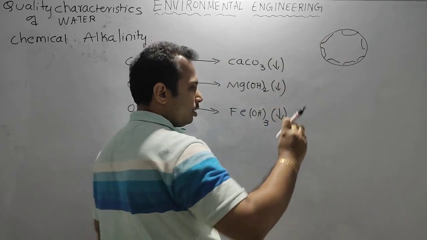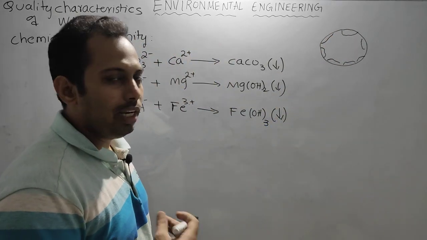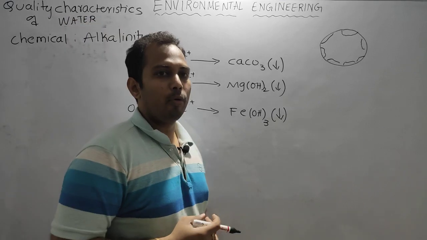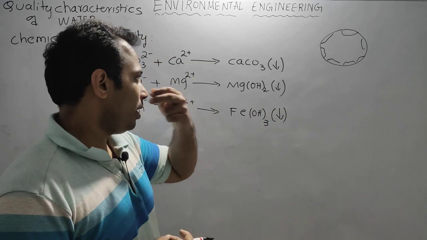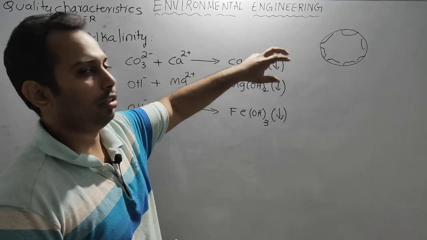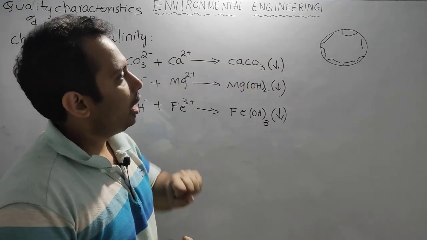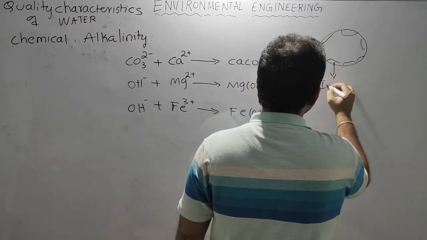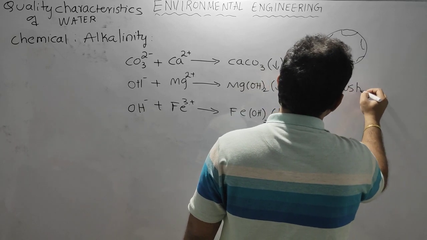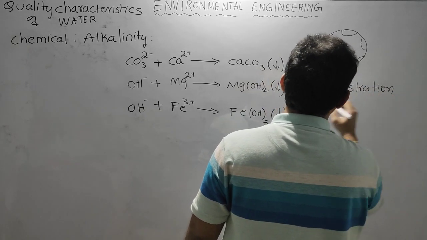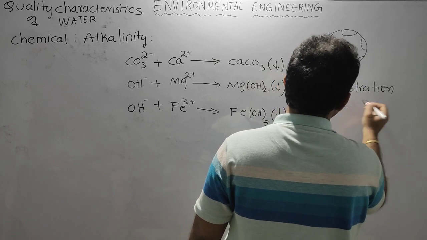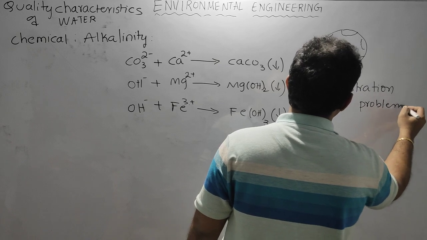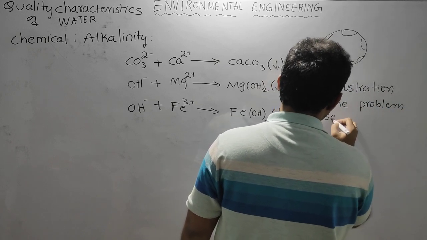Because of this reduced section, the pressure inside the pipe increases, which can cause the collapse of the pipe, and sometimes the desired amount of water may not be distributed because of the reduction in cross-sectional area. This is called incrustation, the problem caused by alkaline water.